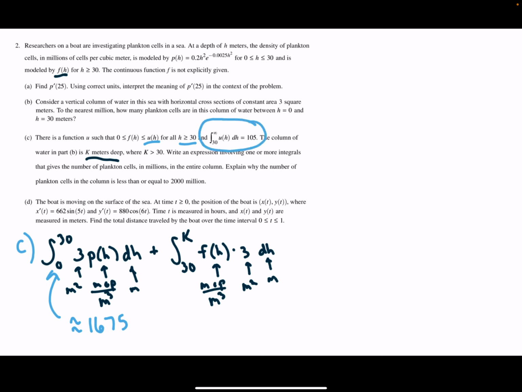So I'm going to take the integral from 30 to K of F of H dH, times 3, and say that this has to be less than or equal to the integral from 30 to K of U of H times 3 dH, because F of H is less than or equal to U of H according to what they said here.